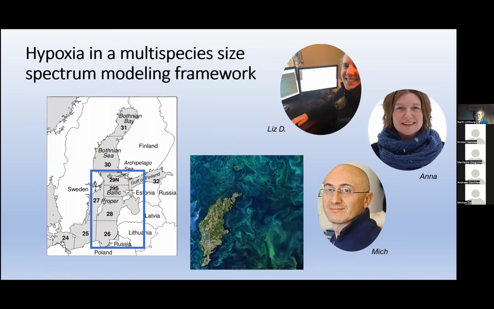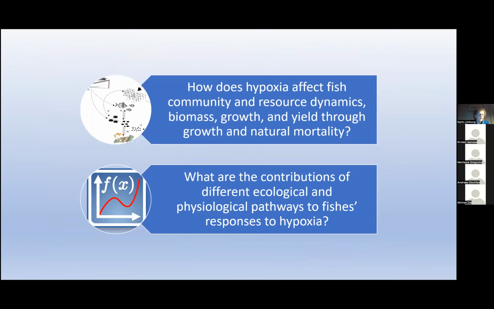And just like Minhan was saying about the East China Sea, there are increasing occurrences of cyanobacteria, for example, in the Baltic Sea. So these massive algal blooms are fueling a lot of the hypoxia. This is size-based modeling.